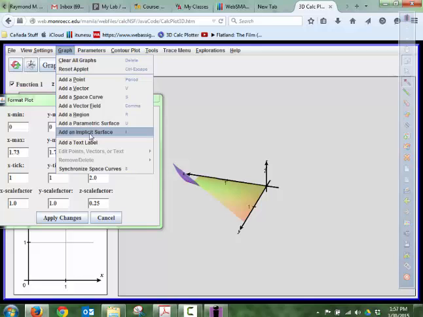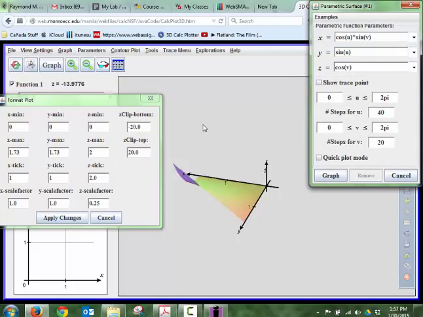Like it just goes inside and hits all the boundaries? Yeah, so let's see, parametric surface: x is cosine u, y is sine u, z is v, where u goes from 0 to pi over 2, and v goes from 0 to 2.